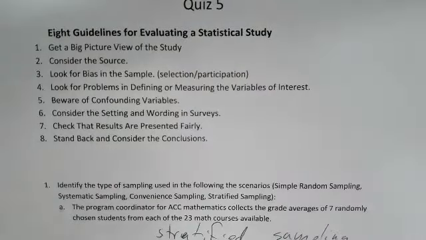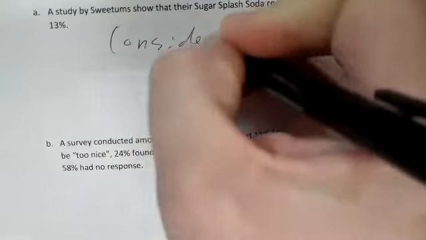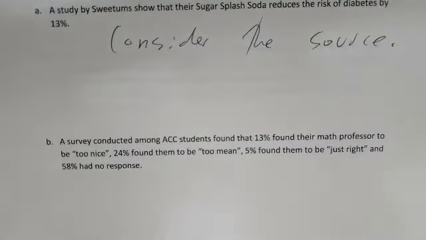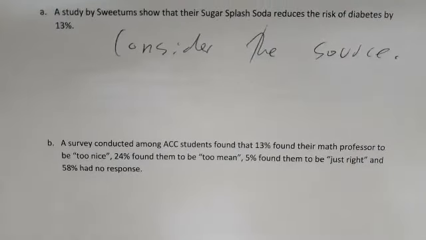I think it's pretty obvious it's leading you towards this one called considering the source. They are talking about their own product. Not true. I don't think a sugar-coated soda is going to reduce diabetes. But it might help them sell their product.